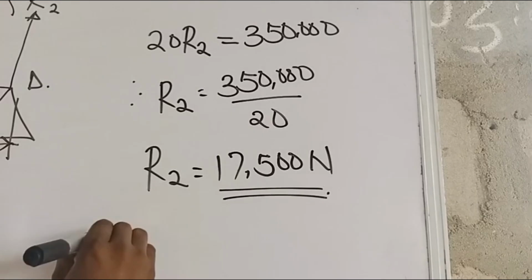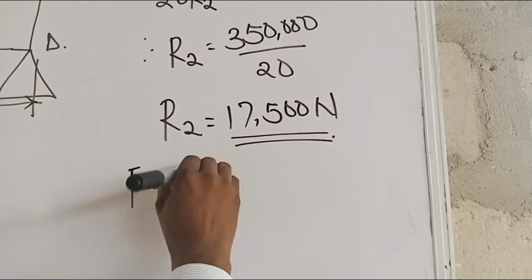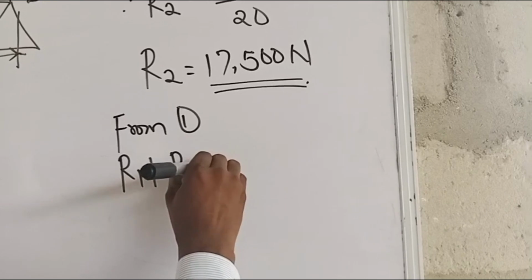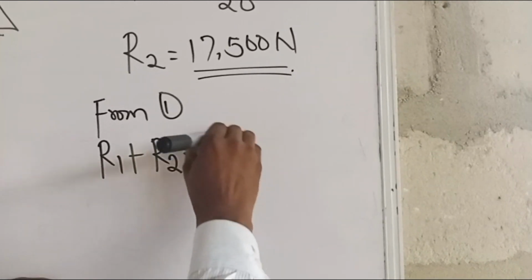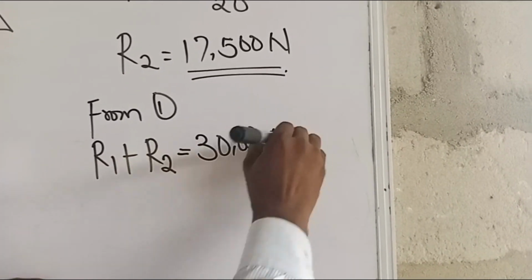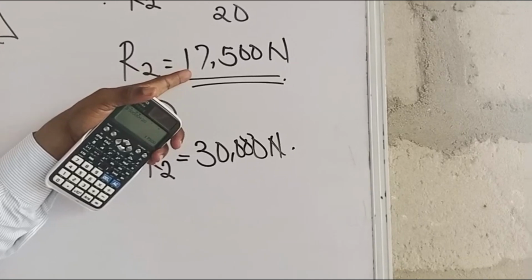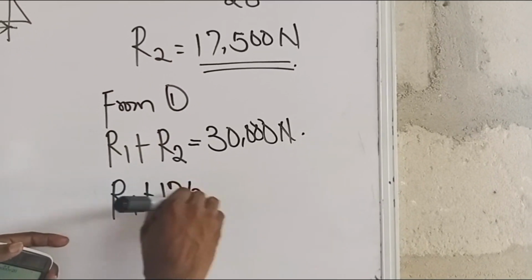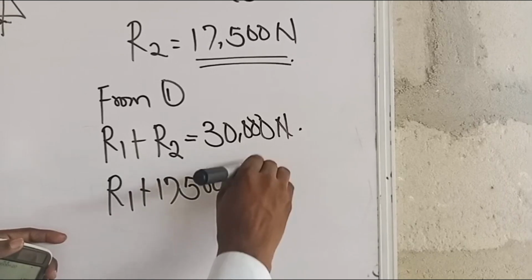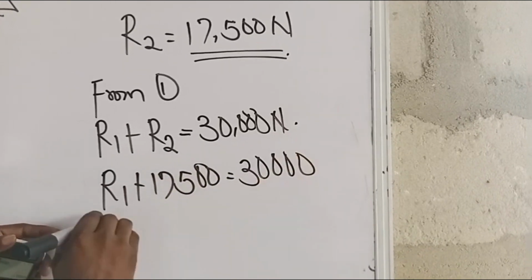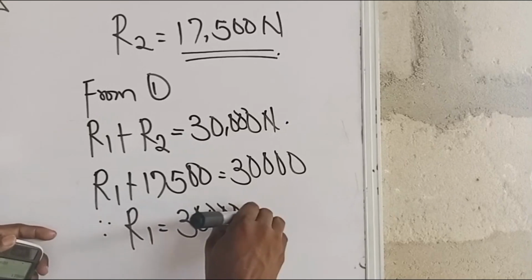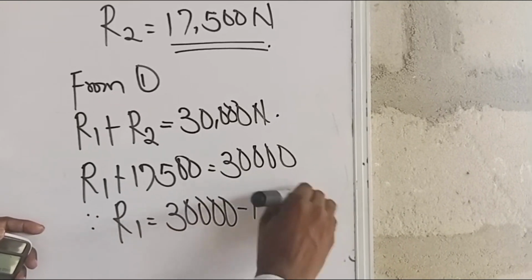From equation 1, we have R1 plus R2 equals 30,000 Newton. What is the value of R2? 17,500. So I'm having R1 plus 17,500 equals 30,000. Therefore, my R1 is now 30,000 minus 17,500.